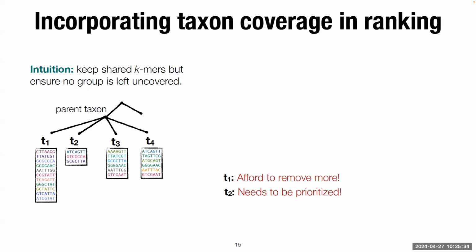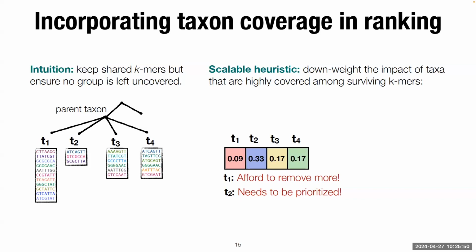And let's say T1 has way too many surviving k-mers compared to T2, then we can afford to remove k-mers from T1, but we shouldn't remove k-mers from T2 because that one could lose its entire representation.